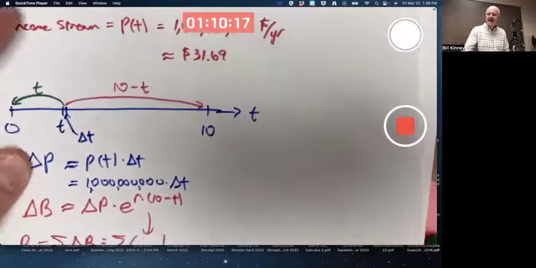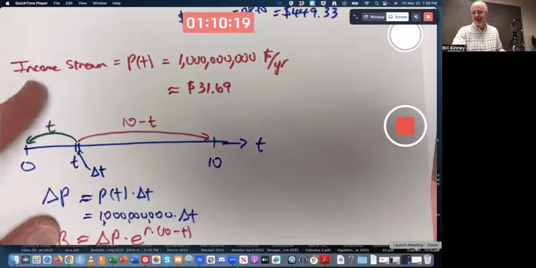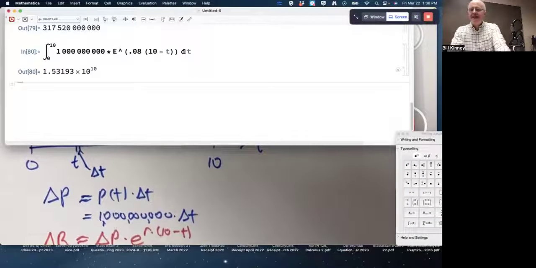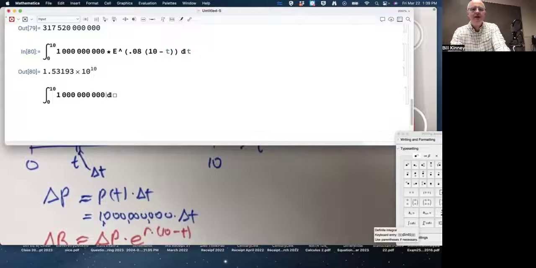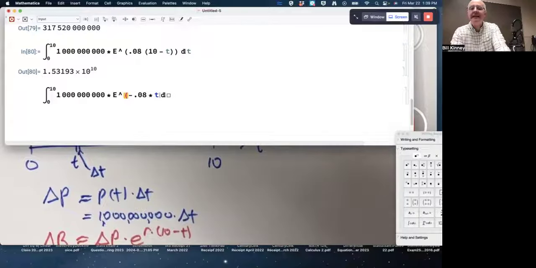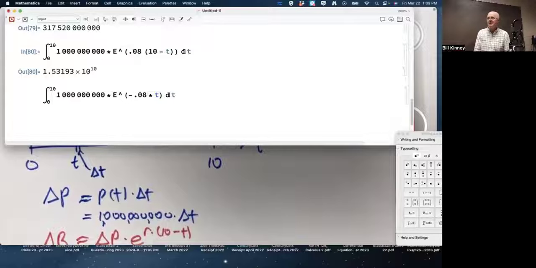So you would get, if you did that, here's what you would get. Integral from 0 to 10 of 1 billion times e to the negative 0.08 times t, not 10 minus t. You'll see these formulas in the book.